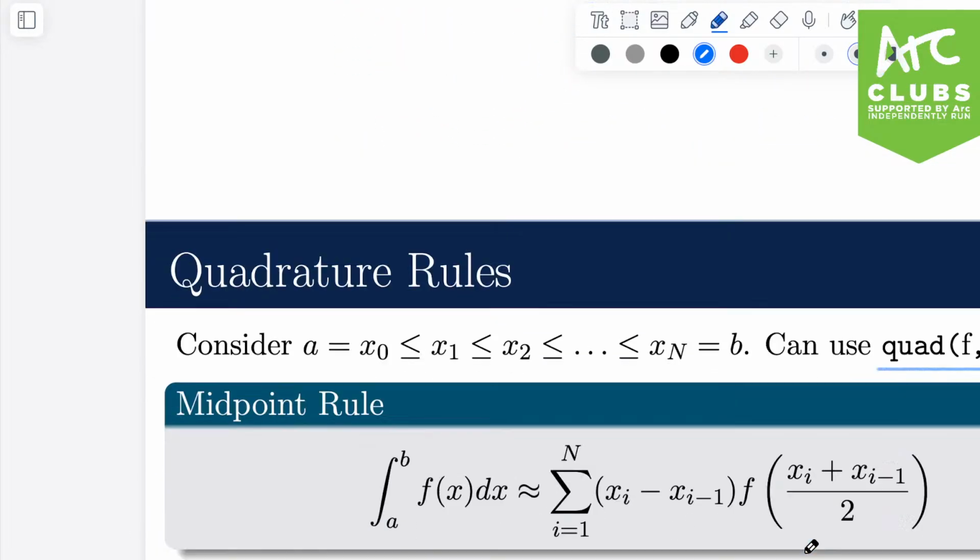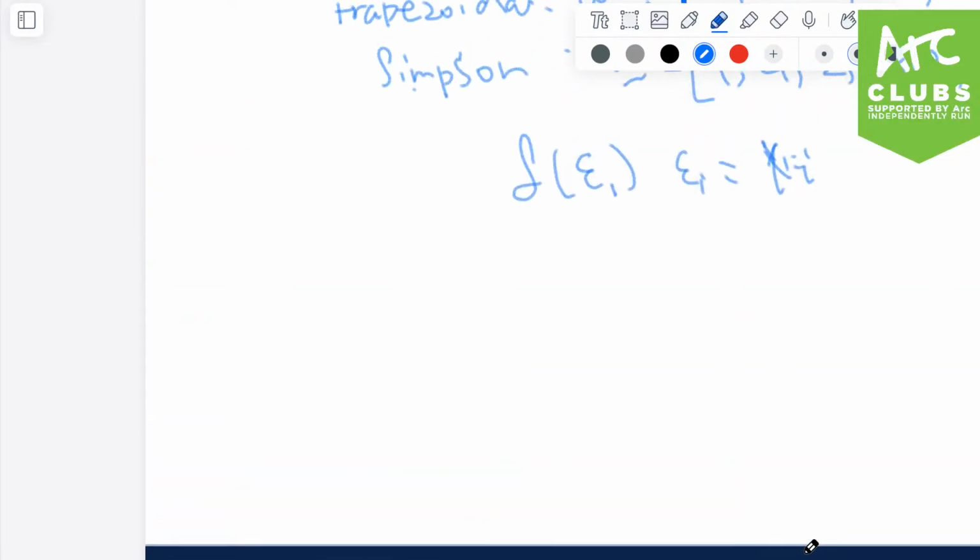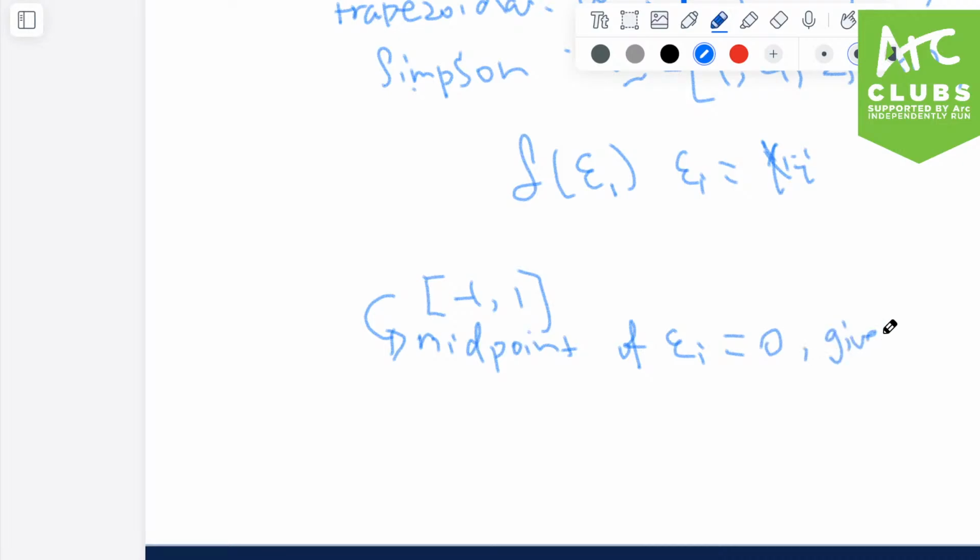I think the general rule is you want to make sure that the midpoint of all your ξi, if we are evaluating integration from -1 to 1, should be 0, given n is even, given we are using an even number of points.